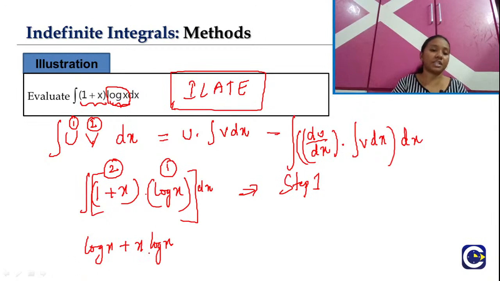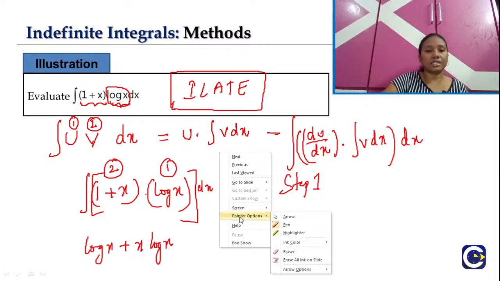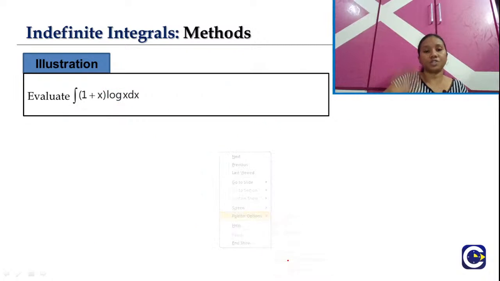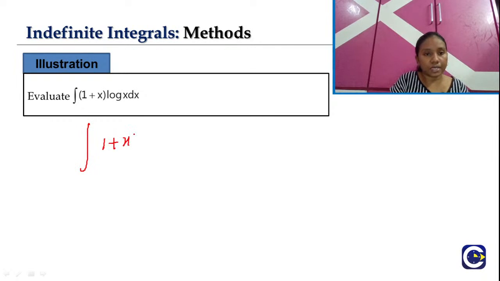So this will be a separate thing and this will be a separate thing, which you have to do if you want to multiply and do it. But I will suggest it will be a bit lengthy. So you can follow the functions as they are given in the question. Right, so my first function here will be log x.